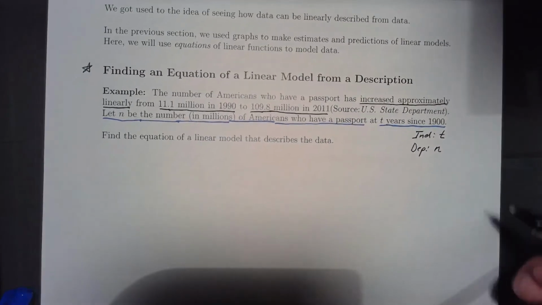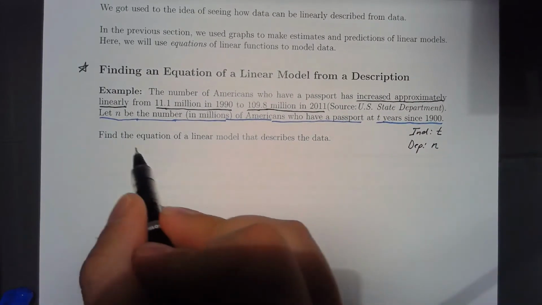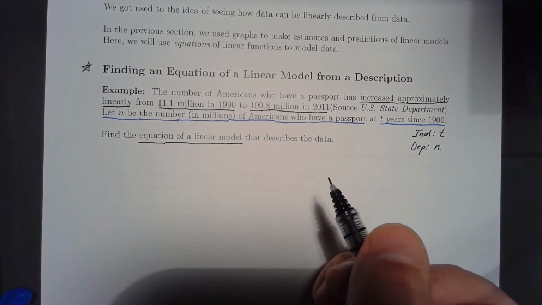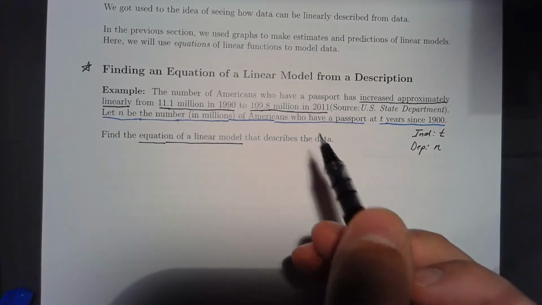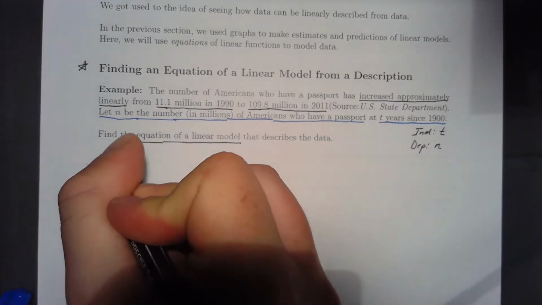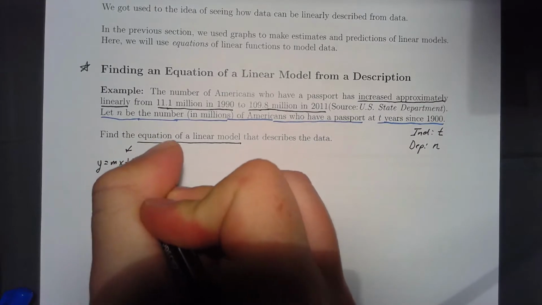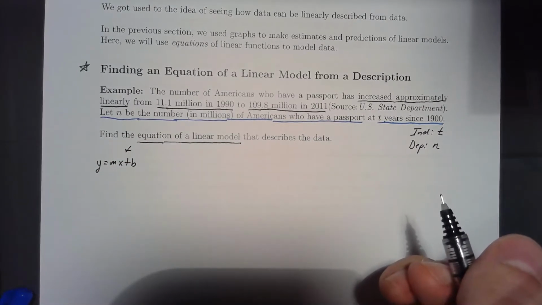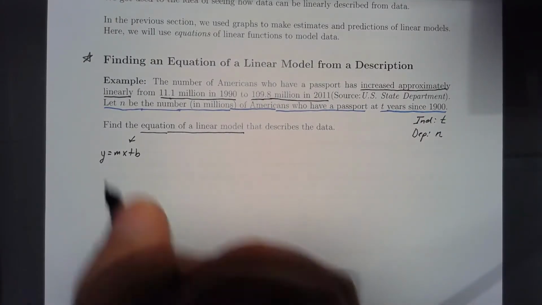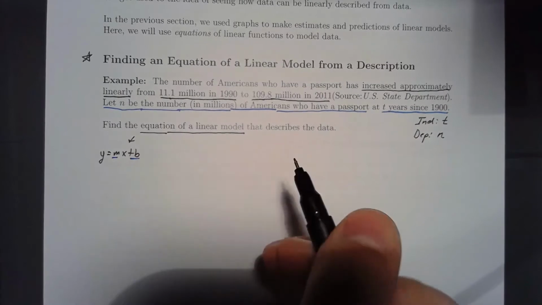Now that we know that, if I want to find an equation of a linear model from this information, that means I want to get something that looks like y equals mx plus b. How do I do that? Well, I need two things: a slope and a y-intercept.